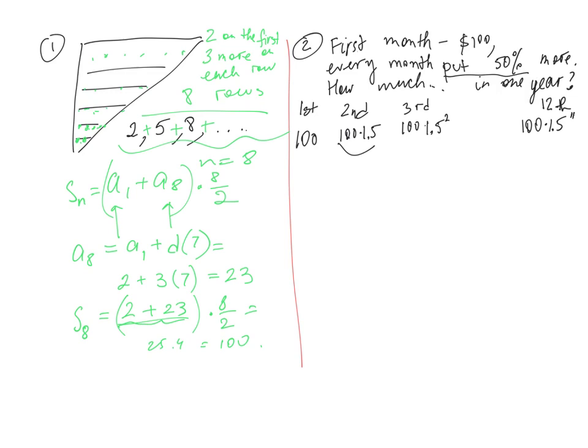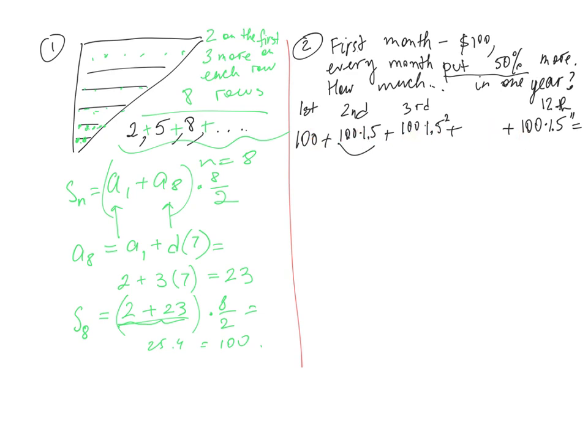Now, what the question asks, I don't want to know how much I put in the last month. I want to know how much is it altogether. So I need to add them up, and it will be a series question once again. And of course, you recognize that it's a geometric series, because every term you can get from the preceding term by multiplying by what number?